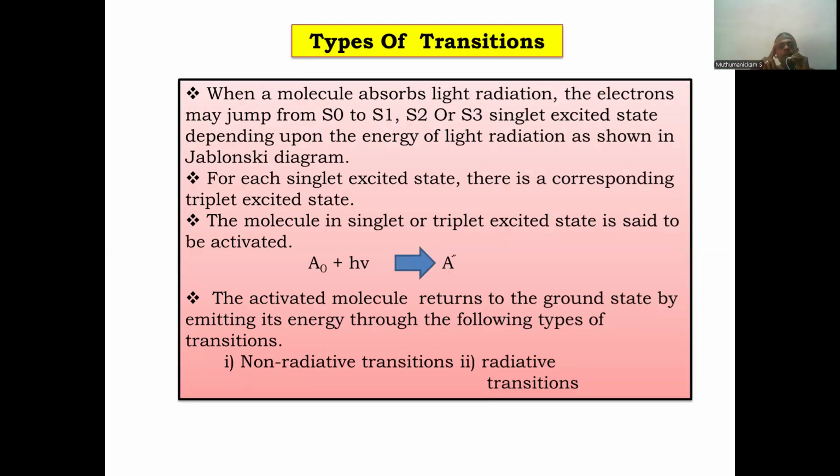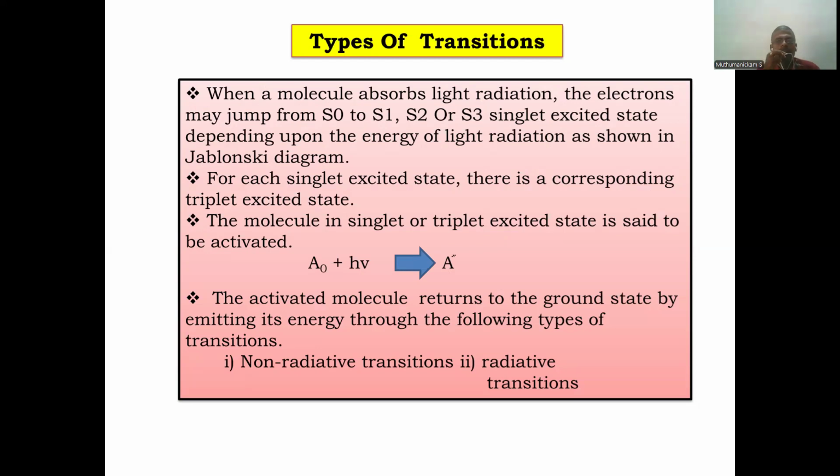So this depends upon the energy of light radiations. For each singlet state, there is a corresponding triplet state, as I mentioned in the previous slide. For S1, you have T1. Similarly, for S2, T2 is there. Similarly, for S3, you have another excited state, namely T3.